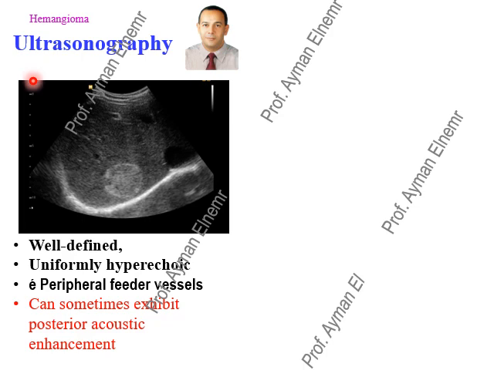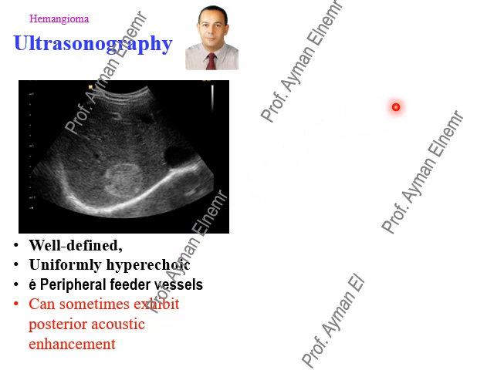By conventional ultrasonography, hemangioma appears, as we see, as a well-defined, uniformly hyperechoic lesion with peripheral feeding vessels. Sometimes the hemangioma can exhibit a posterior acoustic shadow.